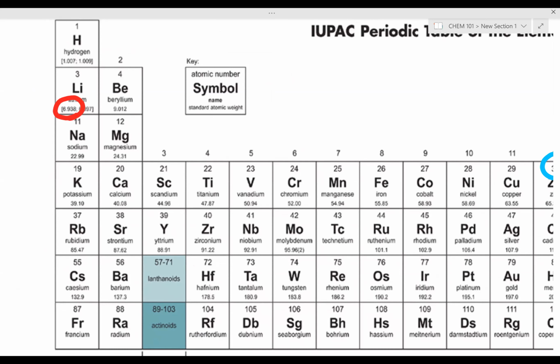Our calculated value is not going to exactly match because we're not recording our masses to the largest level of precision, nor are we recording our percent abundances to the largest level of precision. Does that make sense, everyone? How we calculate average atomic mass, and then most importantly, how you check your work.